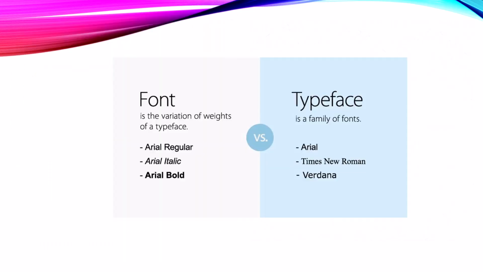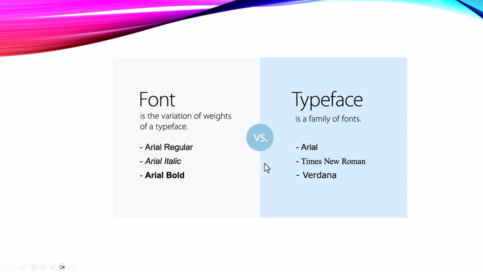The typeface or font family, remember, includes all of the font styles and all of the sizes. So within a typeface, we're going to have this whole family of fonts. Like in Arial, the font would be Arial Regular 12 point, or Arial Italic 10 point, or Arial Bold 14 point.